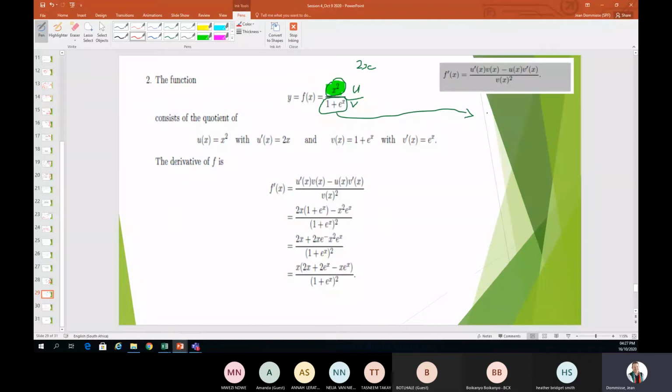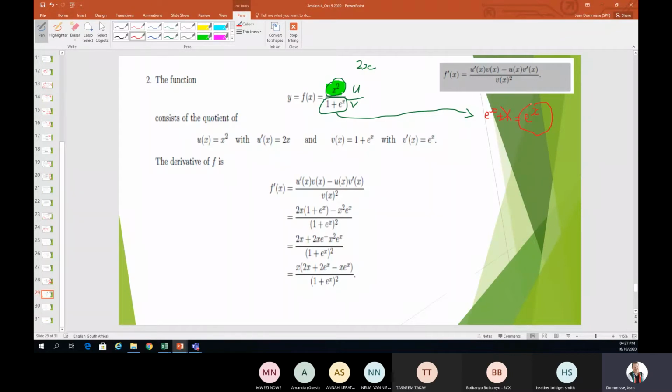So we know that the differentiation of e to the power of x is e to the power of x. Okay, so now they throw in the 1. When we differentiate 1, it becomes 0, so it will fall away.